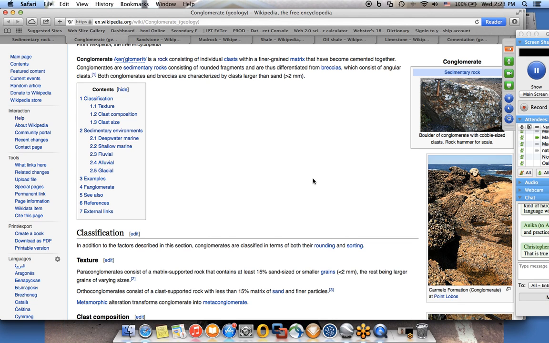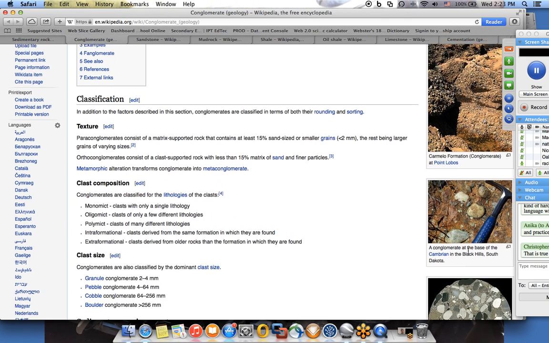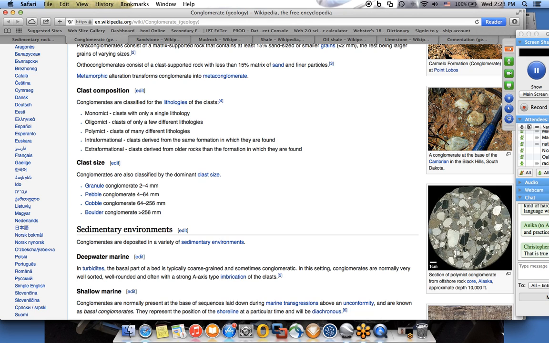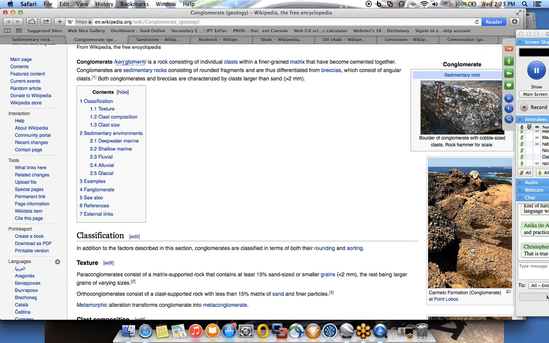This is a very good example of a conglomerate. They are rounded rocks cemented together. That is another picture of a conglomerate. Yeah, I can see now what a conglomerate is.